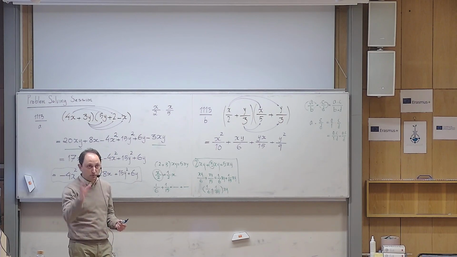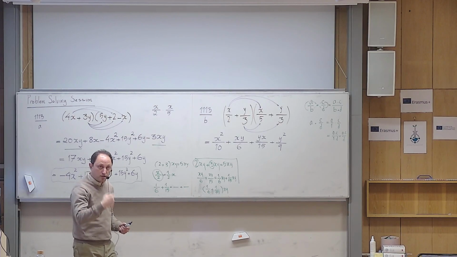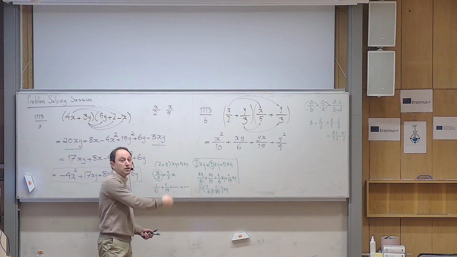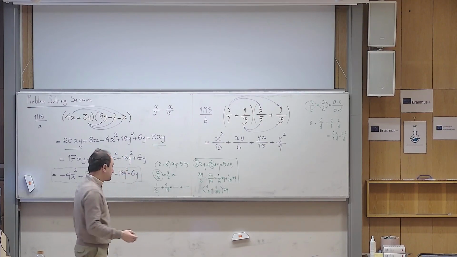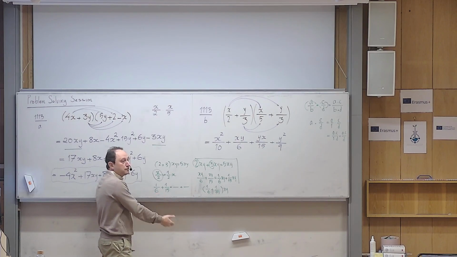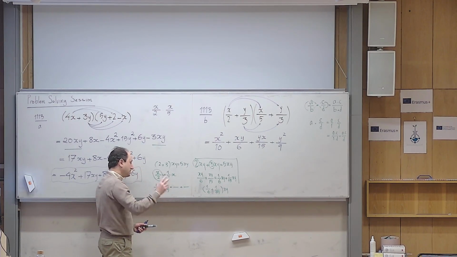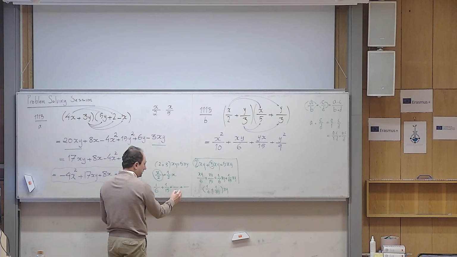There are many such numbers, but the smallest one. No, 3 is the other way: 3 is the biggest number that 6 and 15 are divisible by. 30 is the smallest number that is divisible by 6 and 15 simultaneously. So I write a 30 here, and another 30 here.